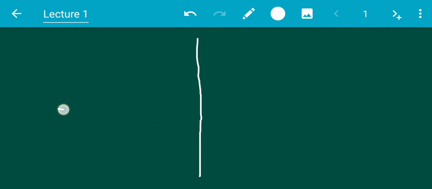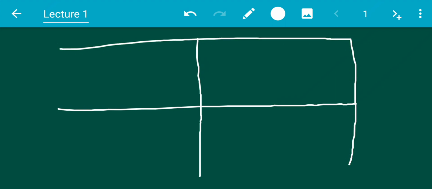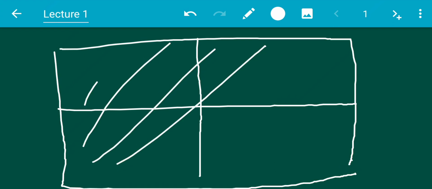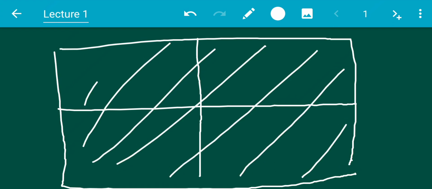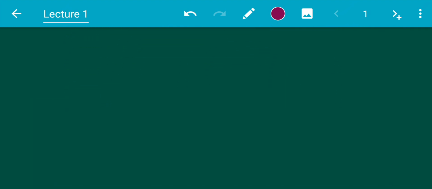Now what does this plane represent? Suppose this is a plane I am considering. This entire plane is called the Cartesian plane. Now within the Cartesian plane we add numbers, usually real numbers, sometimes integers.